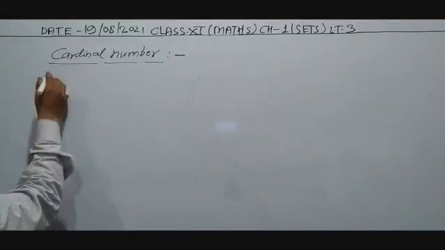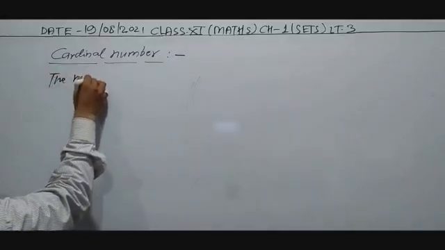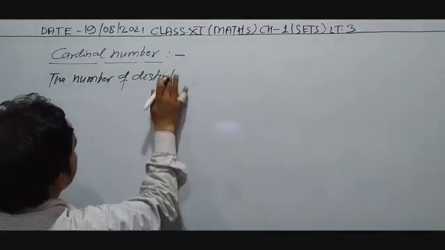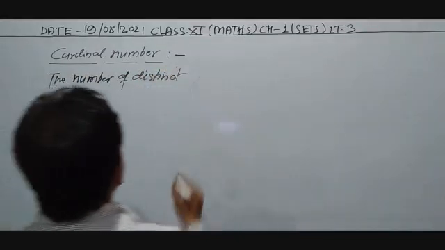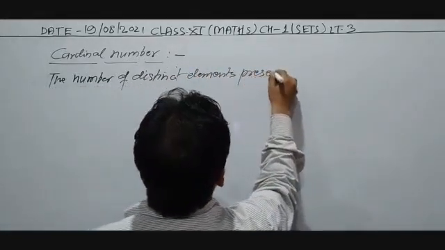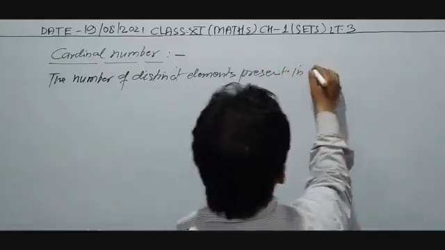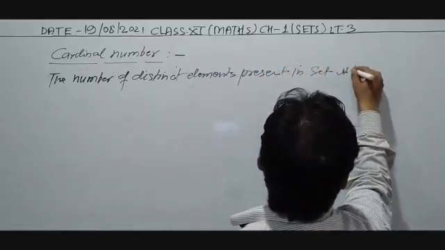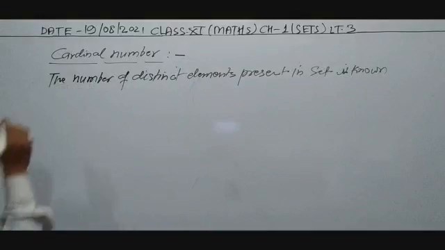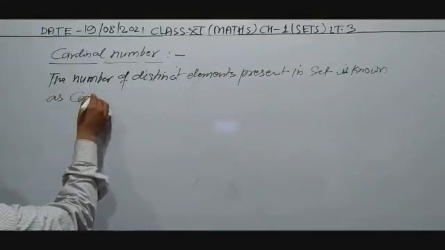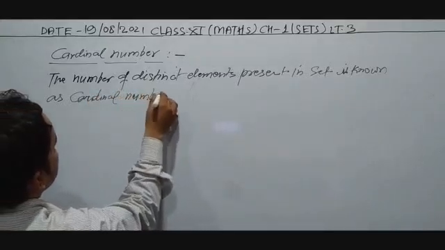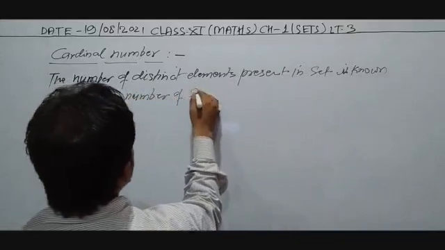The number of distinct elements present in a set is known as the cardinal number of the set.